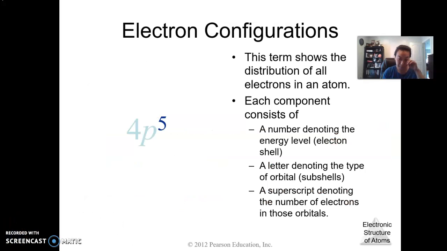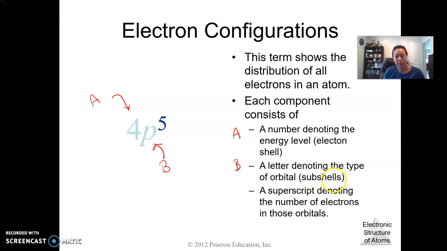Okay. I told you earlier that there are quantum numbers you don't need to know. These are the quantum numbers you need to know. So this first part, A, that tells us the energy level that electron is on. Sometimes you hear the word electron shell as well. This is B. This is the letter denoting the type of orbital.